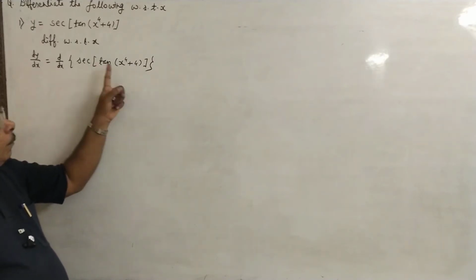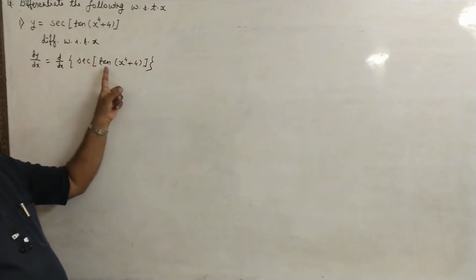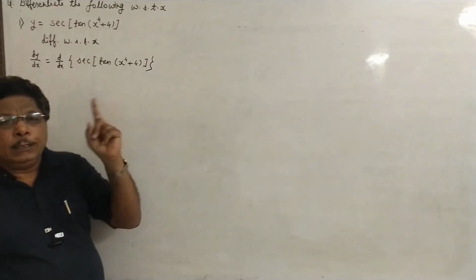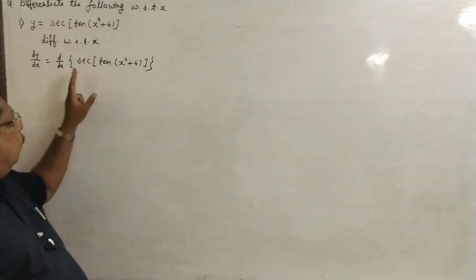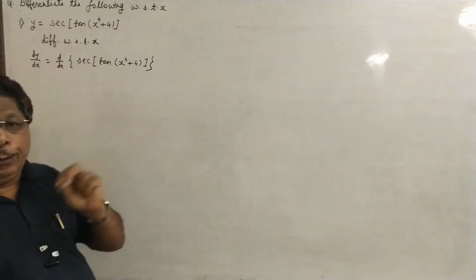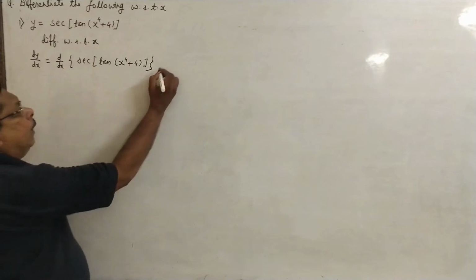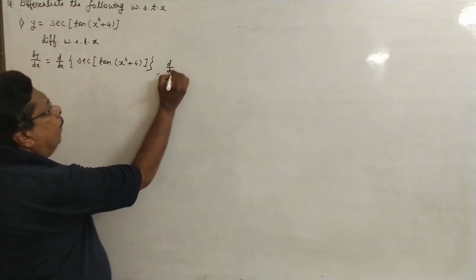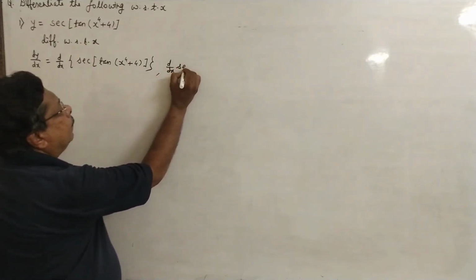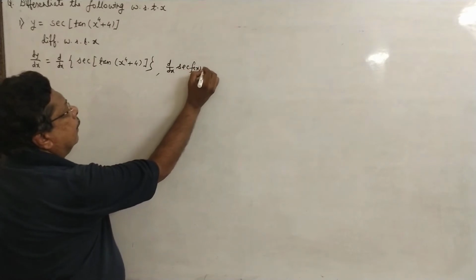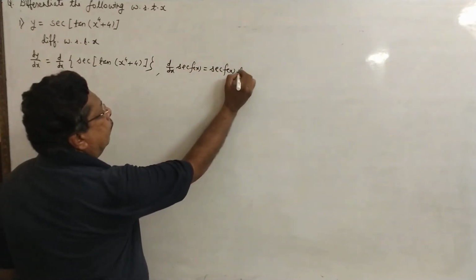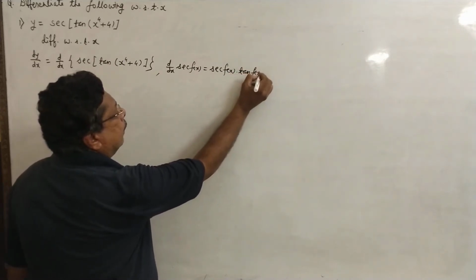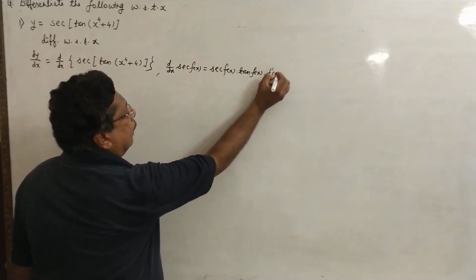What is the derivative of sec fx? Derivative of sec fx is sec fx into tan fx into f dash x. We know that derivative of sec is sec into tan. So here we are using the formula derivative of sec fx is equal to sec fx into tan fx into f dash x.